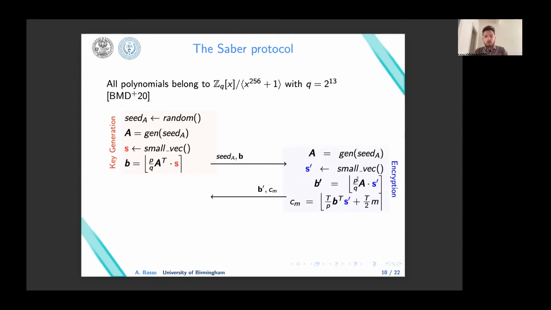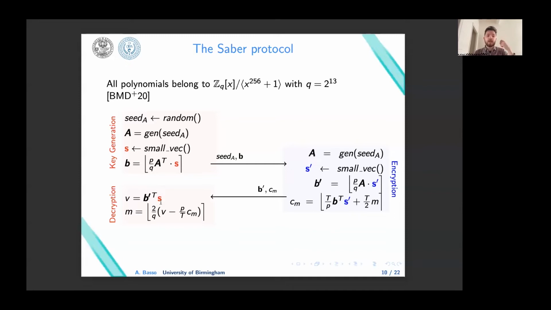During encryption, the encryptor generates a secret S prime, computes the vector B prime given a new LWR sample, and then the ciphertext is again this somewhat scaled value, but it consists at its core of this vector corresponding to the public key multiplied by the secret S prime plus the message.